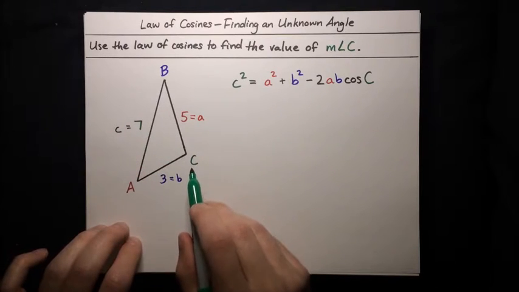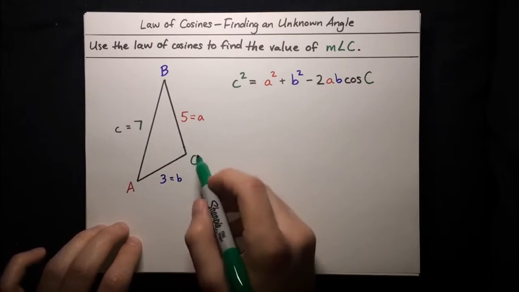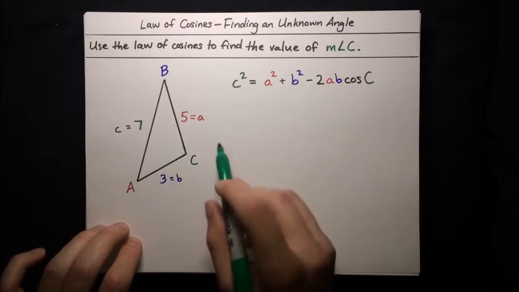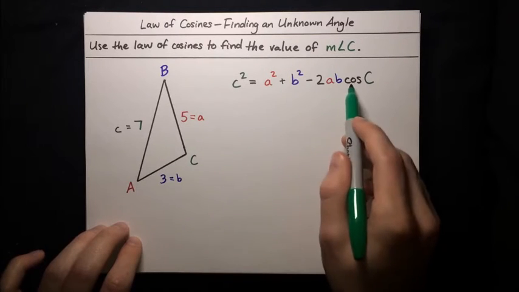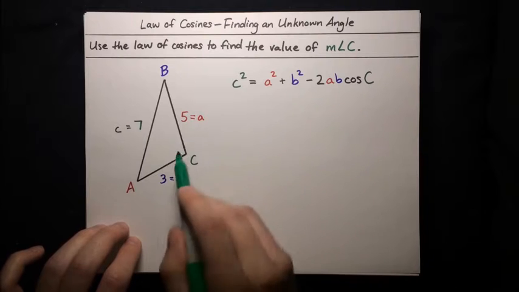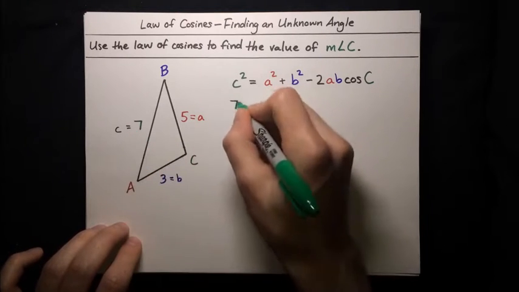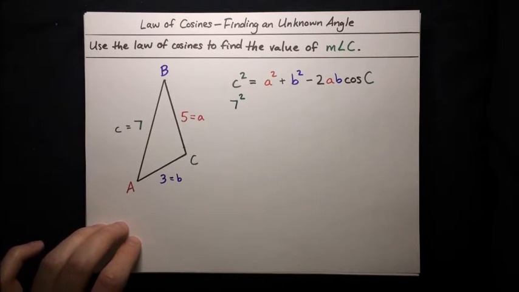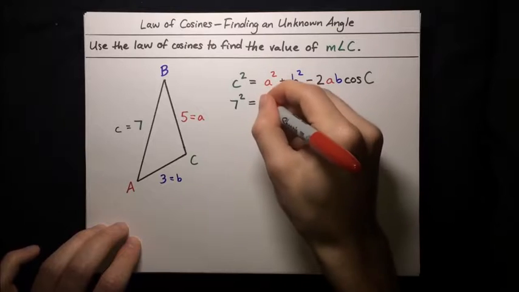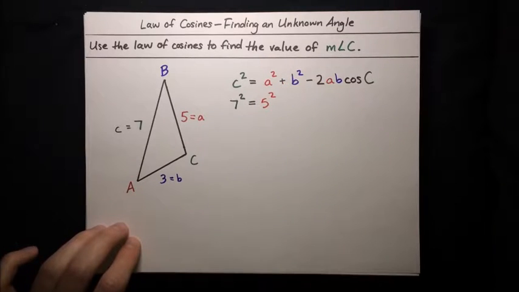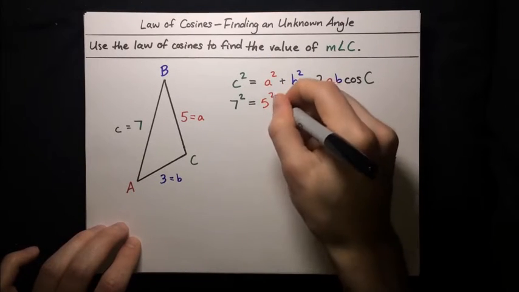And in order to find the measure of angle C, we should set up a law of cosines which involves cosine of C in it. So we can just plug in the side information. Side c is 7, so 7 squared is equal to a squared, and a is just 5, so 7 squared equals 5 squared plus b squared.